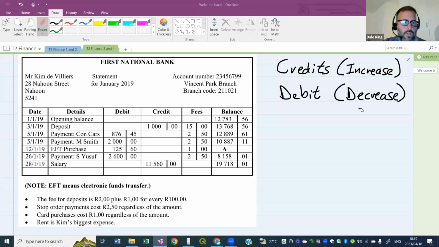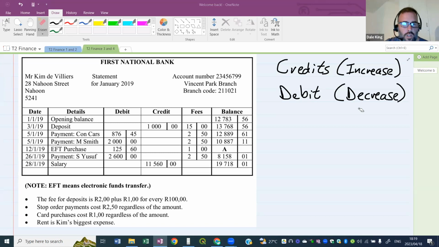I'm going to just read through this text at the bottom here, and then we're going to go through this table again. The third line of this text underneath, it's important to understand this. It says card purchases cost 1 Rand regardless of the amount. Are there any card purchases? We have a deposit. We have a payment. There's an EFT purchase. You see there? In the fifth line, 12th of January, EFT purchase, card purchases cost 1 Rand.